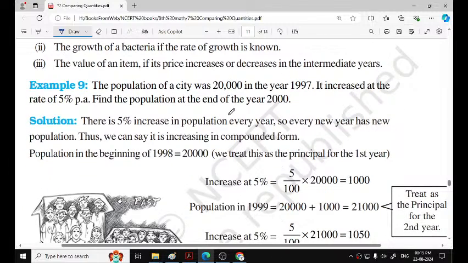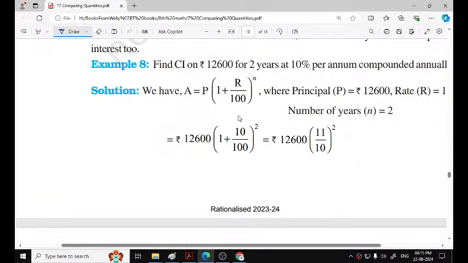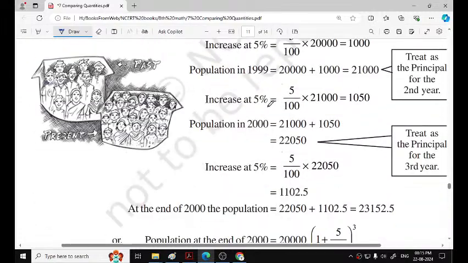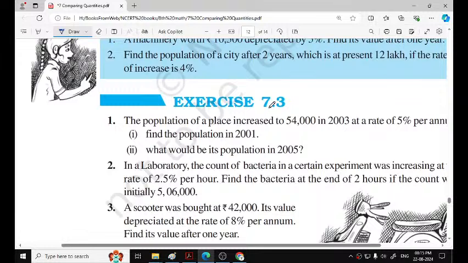Now whenever there is growth, then for the case of growth, we write this formula as amount is equal to principal into (1 plus r upon 100) raised to n. But if there is a depreciation, meaning the value decreases, then we use the amount formula: amount is equal to principal into (1 minus r upon 100) raised to n.